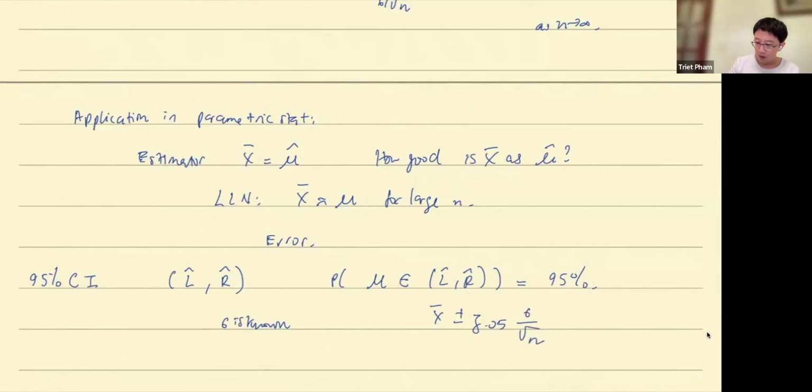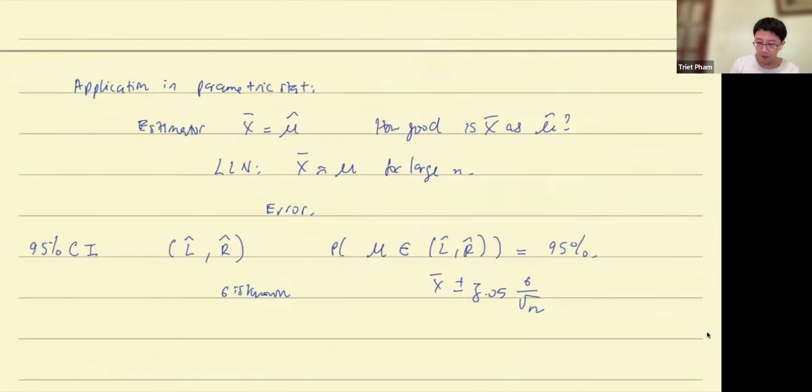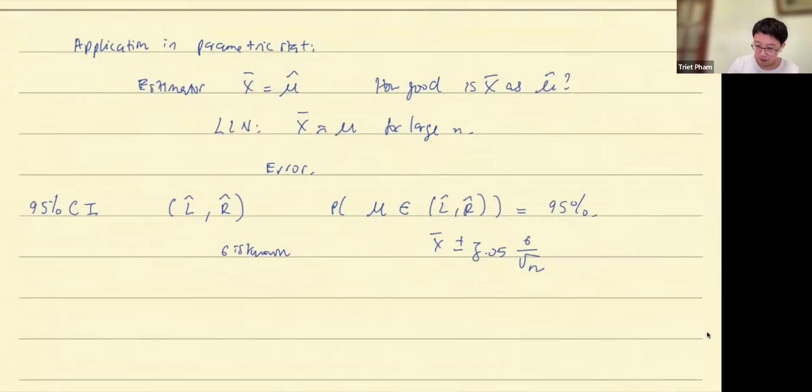Okay. So first of all, let's try to explain what this means. Z 0.05 is the percentile such that, should I call it Z95?